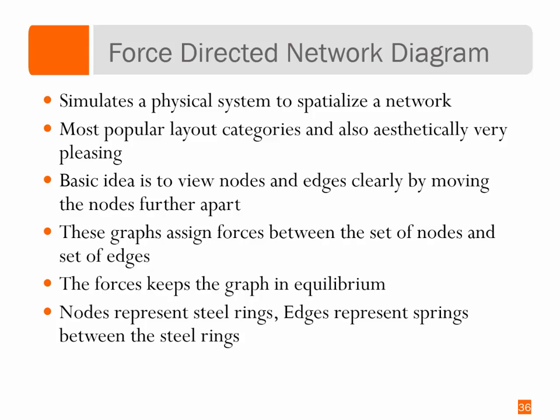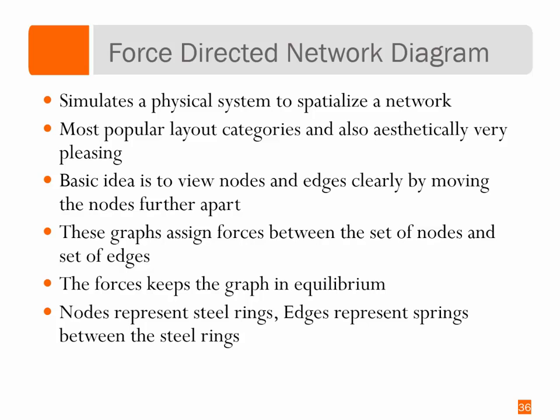So wherever that line was, we have a spring. The steel rings are forming the object. And imagine taking two steel rings and pulling them apart, and then letting go of one of the rings. The spring will make the two rings come back closer together. And so that's at the core of what a force-directed network diagram is.